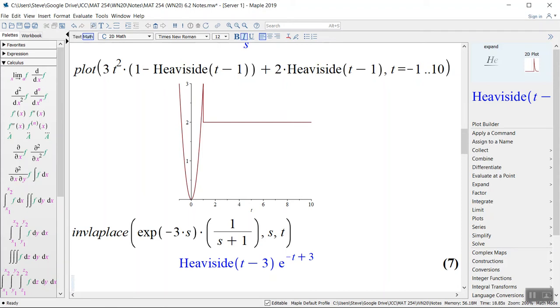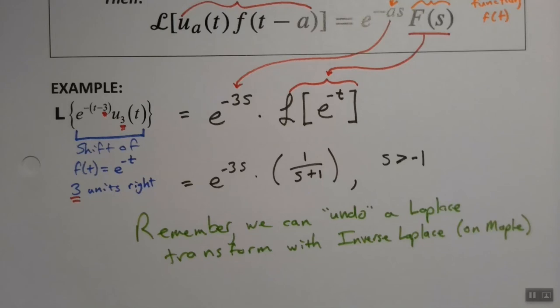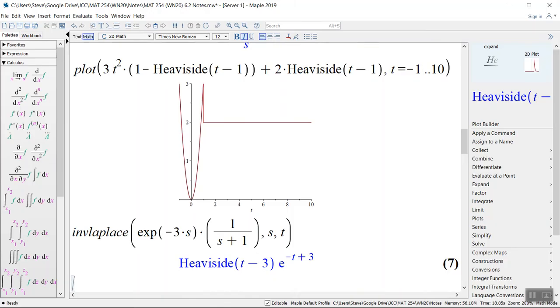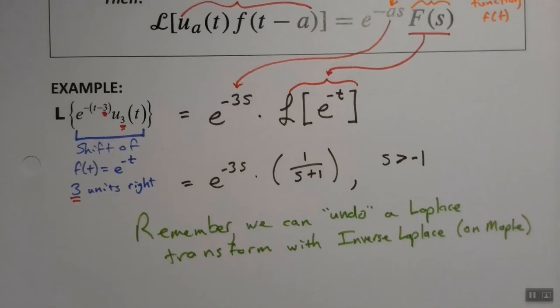Take a second and convince yourself that that really is the problem we started with. Heaviside of t minus 3 corresponds to u sub 3 of t, and e to the minus t plus 3 really is the same thing as e to the minus t minus 3. So we got exactly what we put into it. Undoing the Laplace, we wind up exactly where we started, which is a good thing.